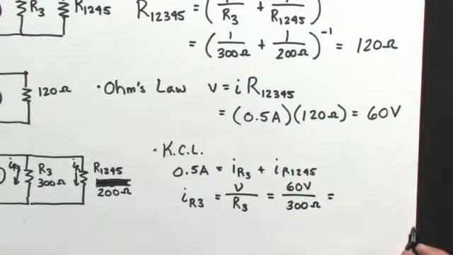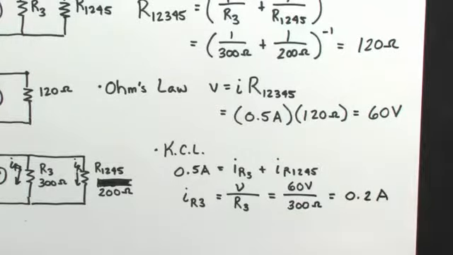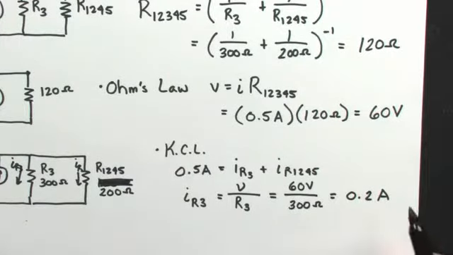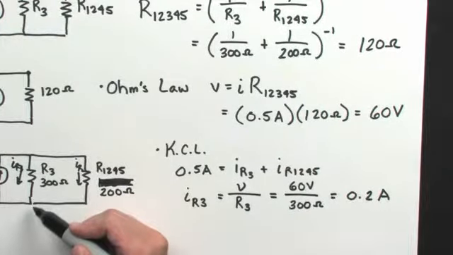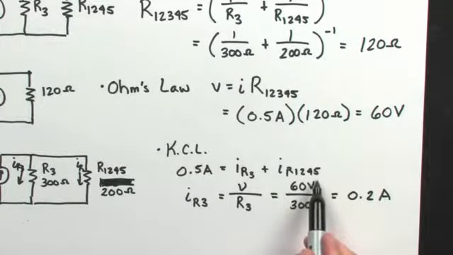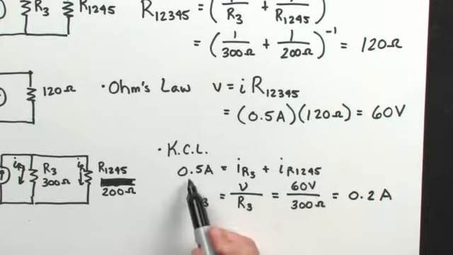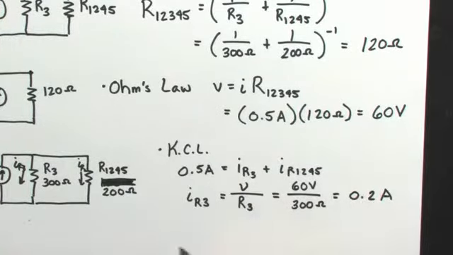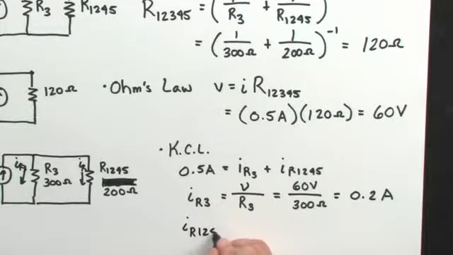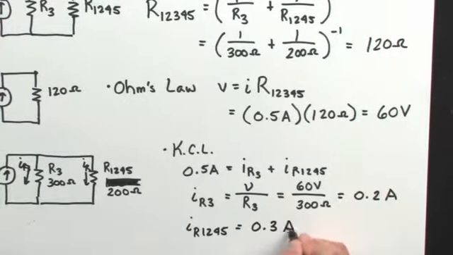So therefore, we know that 0.2 amps, or 200 milliamps, of current must flow through R3. If 200 milliamps flows through R3, and whatever flows through R1, 2, 4, and 5 through that equivalent resistance must sum to half an amp, we now know that what flows through the equivalent resistance must be 0.3 amps.